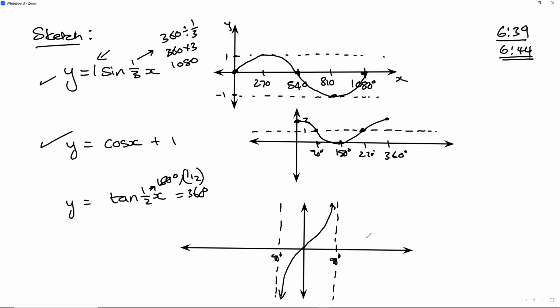That's a normal tan graph. What's different? The 90 has become 180. So let's just extend it a little bigger, make it 180, negative 180 degrees over here.